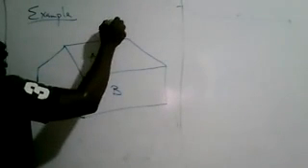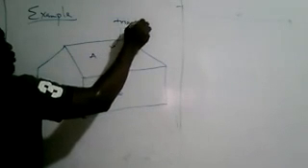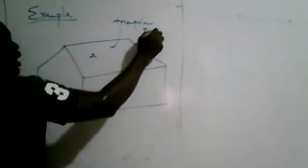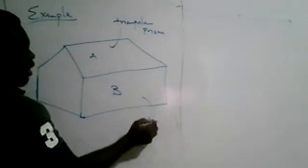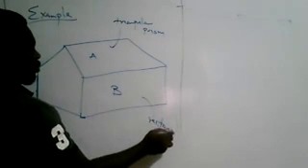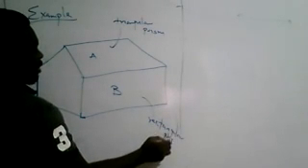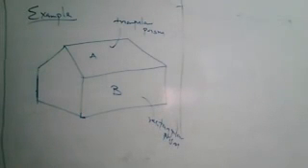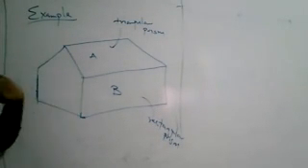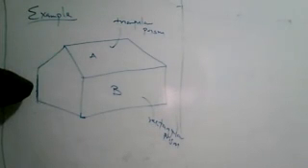So you can see that this is a triangular prism. And this is what? A rectangular prism. So that would mean that you would have to solve both of them differently.